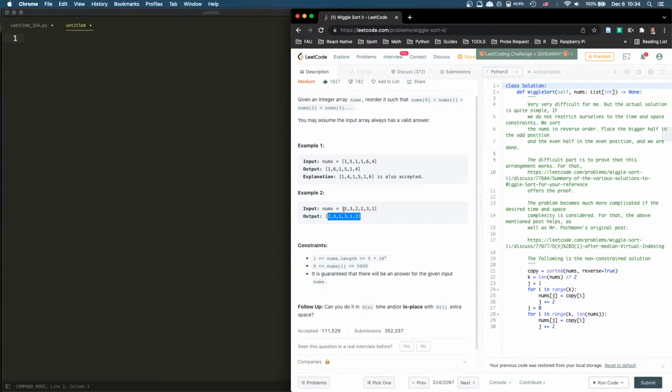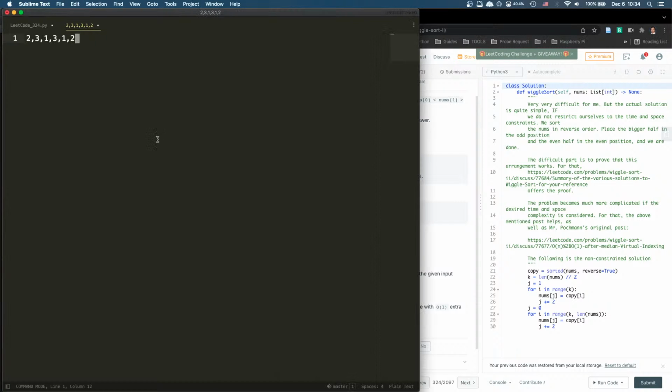You know what? No, let's take this one as an example, so we can walk through. So this one has been sorted, and now we're gonna split it into two parts. So we're gonna split into the even position part and odd position part. So how do we do that? We do that like this.